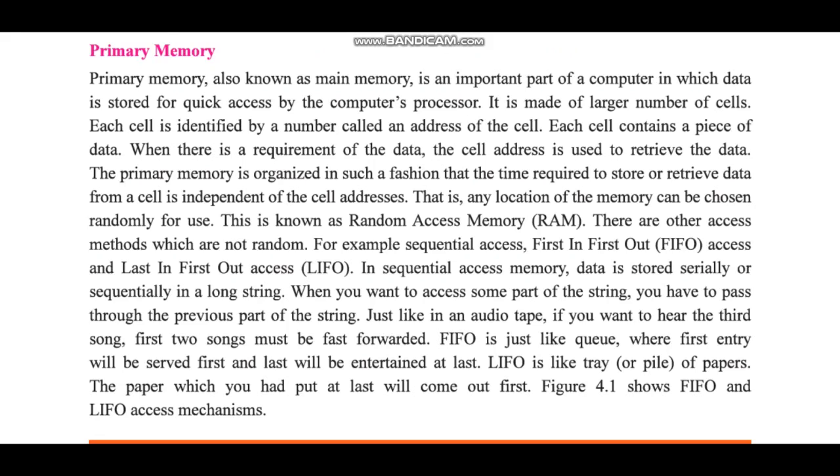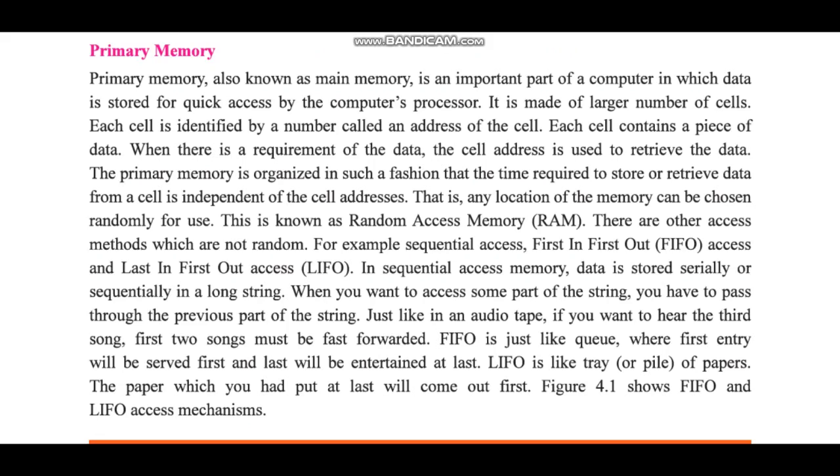It is the process of FIFO. FIFO is just like a queue, where the first entry will be served first and the last will be served last. And LIFO is like a tray of paper, where the paper which you put at the last will come out first.